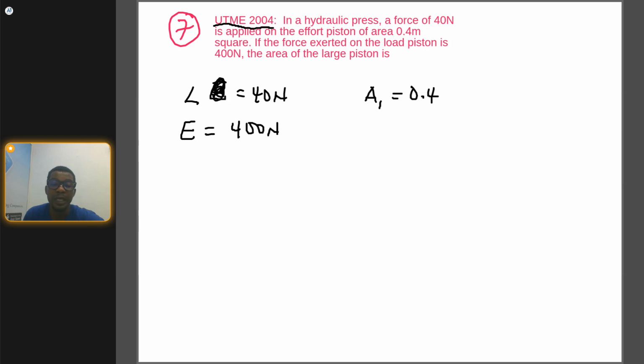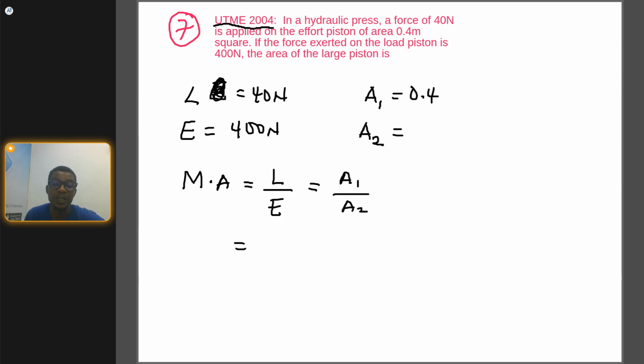We are asked to find the area of the piston, that is, the larger area of the piston. Let's take that as A2, and that is unknown. Here, mechanical advantage equals load over effort, which is equivalent to the area ratio, A2 over A1.